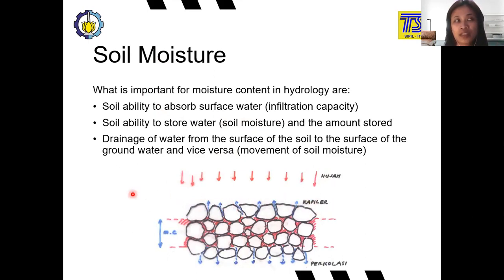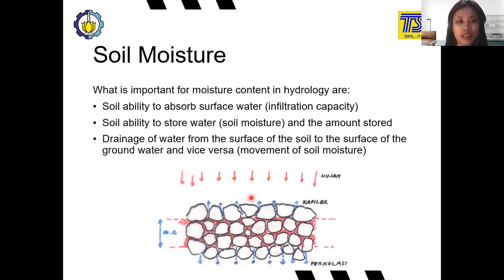Not all of the water is absorbed into the soil. That's why we have water running above the soil, because not all of the rainwater is absorbed.